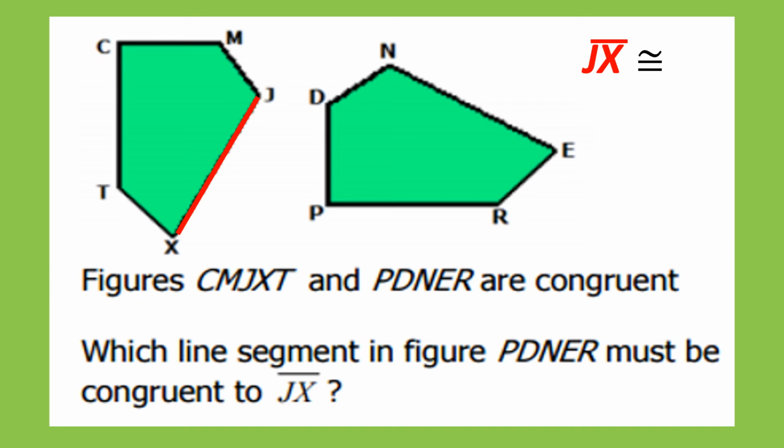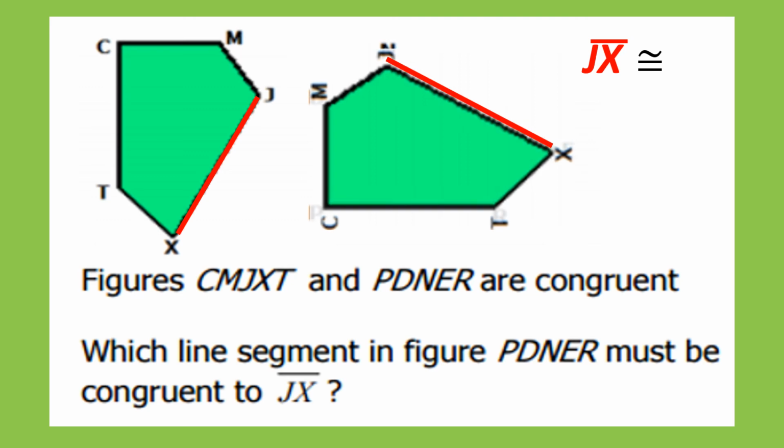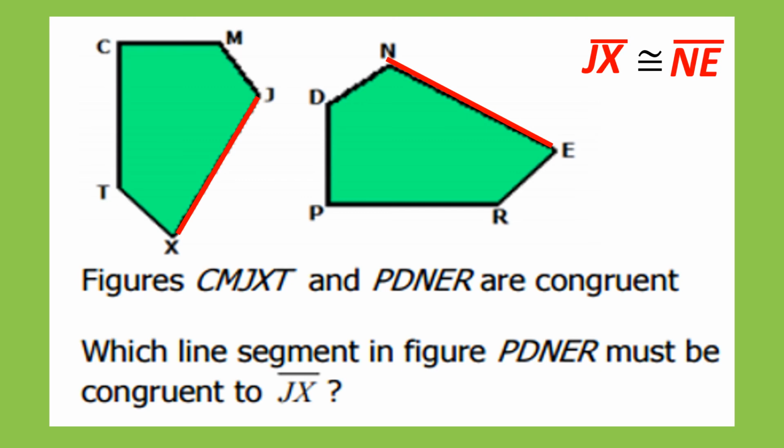So let's do some magic here. There's JX. If I kind of plant CMJXT on top of our other one, I've rotated it. Now, if I take that away, look where my line segment is. Looks like J corresponds with N and X corresponds with E. So that means line segment JX must be congruent to line segment NE.